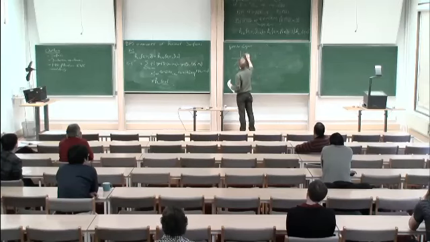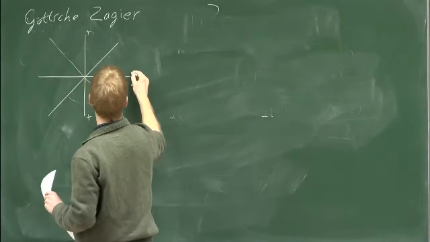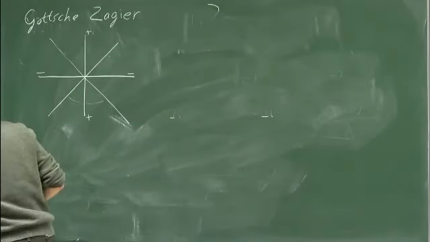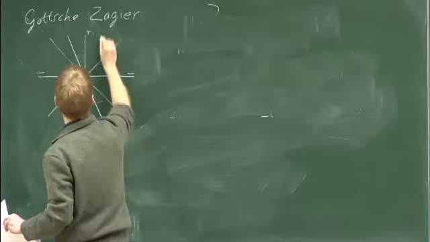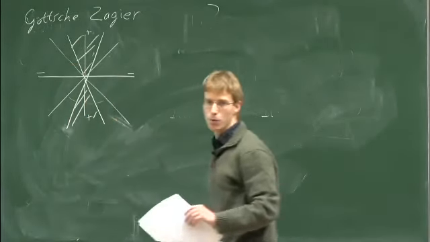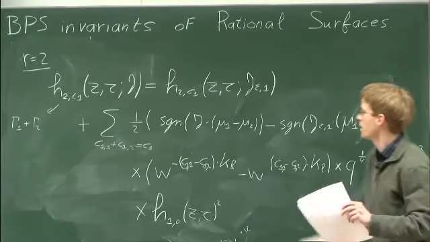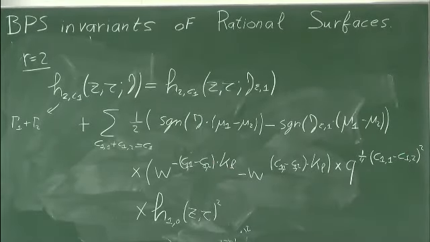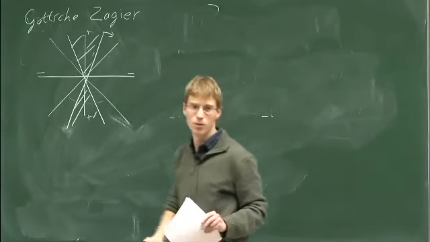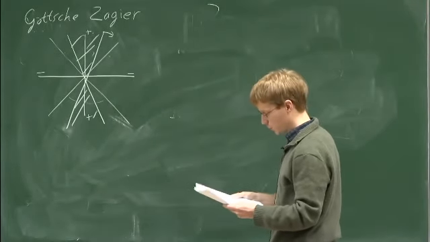So if this cone is positive definite, and this cone is positive definite, and this is negative, and this is negative, then this condition says precisely that you are summing over positive cones in the positive definite sublattice. And if you change your polarization J, you are just changing the boundary of the cone, and you will add additional lattice points to your sum. So that's how the wall-crossing is taken into account in these generating functions.